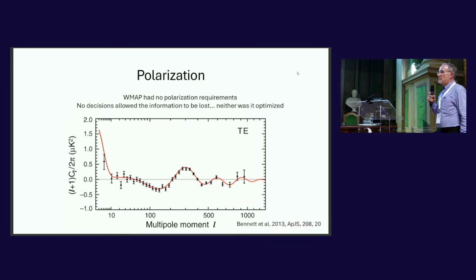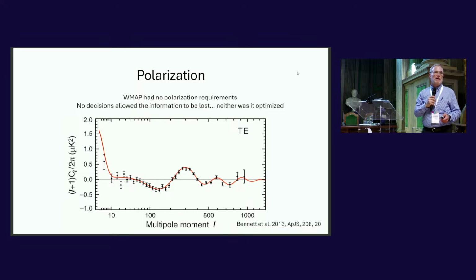So I mentioned the large scale TE polarization. So the WMAP had polarization sensitivity. It was never required to have it. And there were times in the development where we could have solved some problem by getting rid of it, but we never let that happen.